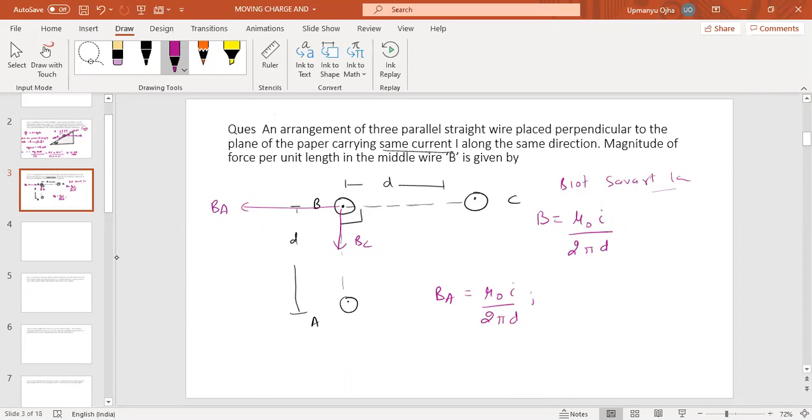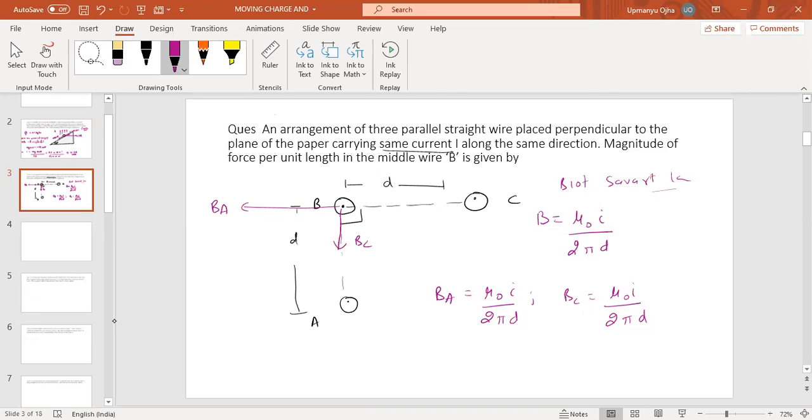Similarly, the magnetic field on B due to C, that is BC, will be the same, mu naught I by 2 pi d. What is d? d is the distance between the wires. Since they are parallel wires, the magnetic field would be mu naught I by 2 pi d. The directions we have already shown: for A it is on the left side, for C it is downward.